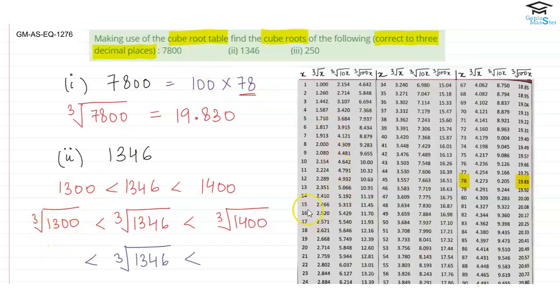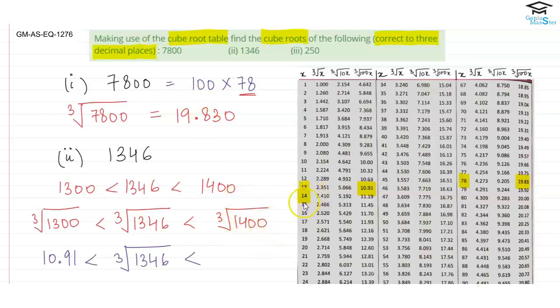So we will look for 13 in the table. 13 is here, and we will look at the third column, which is cube root of 100x. X here is 13. So our answer will be this. So we can write here 10.91.